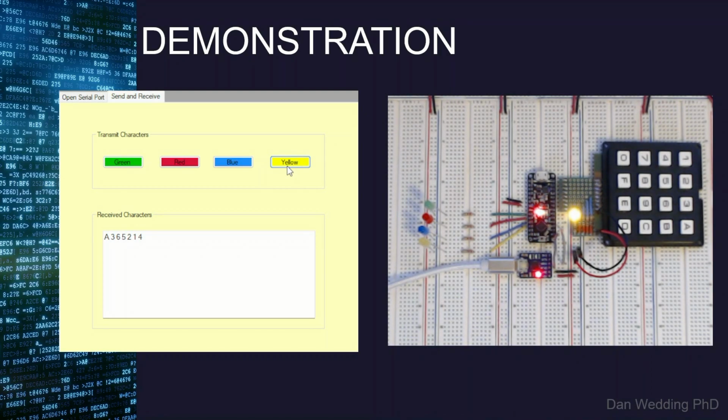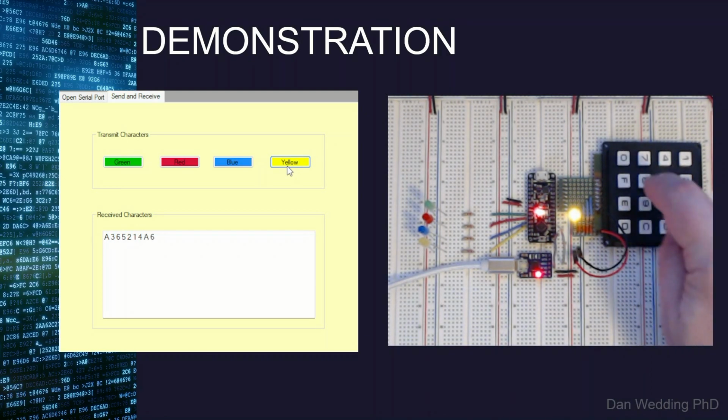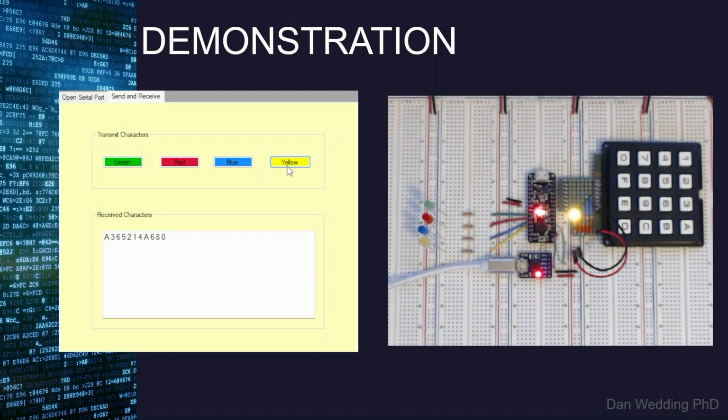Updating the text box does not cause an illegal cross-thread error. Hopefully, this video will give you a good idea of how to set up bidirectional communications between a Visual Basic program and an Arduino using a USB to TTL UART board.